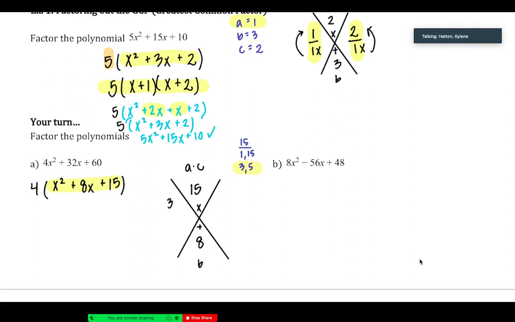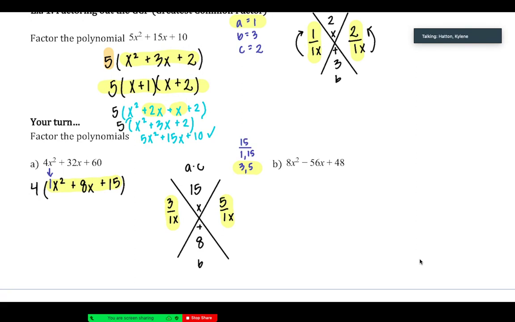So 3 and 5, and then we need to remember to write them over our a value, which was 1. So over 1, over 1. And then remember that the number in the denominator is your coefficient of x. So I have 3 over 1x and 5 over 1x, so we can create our factors from those.